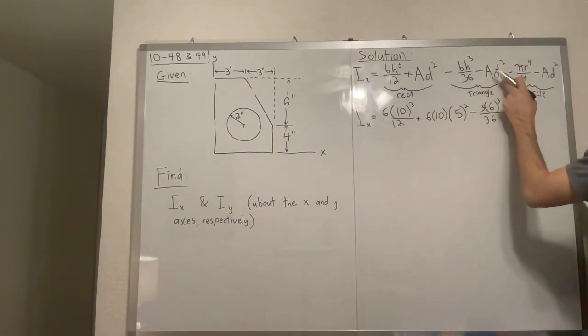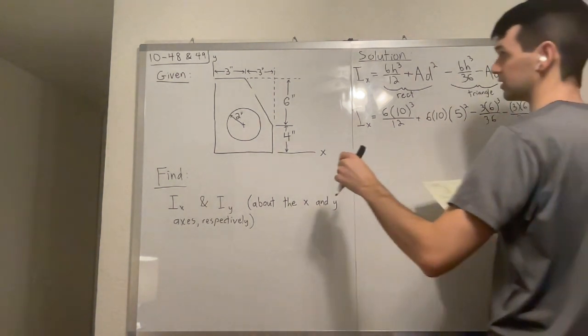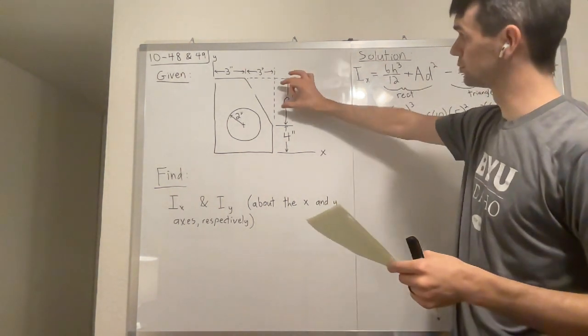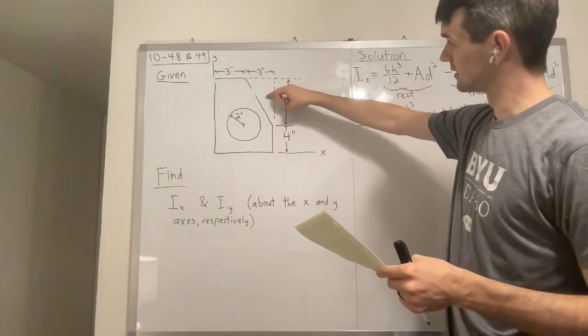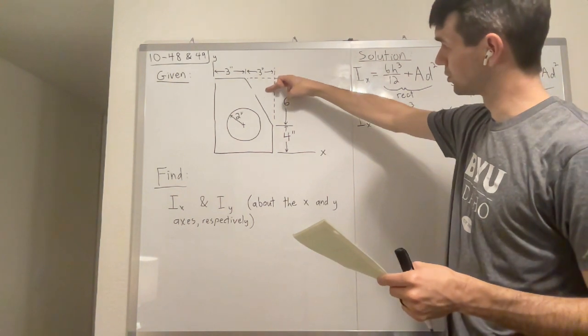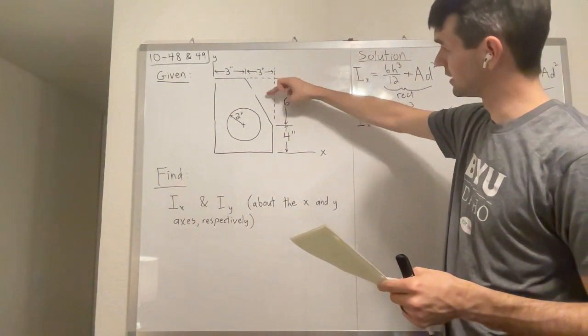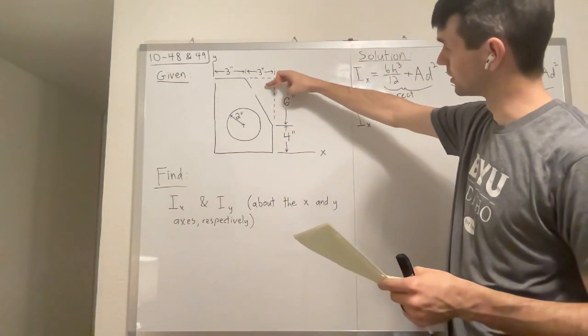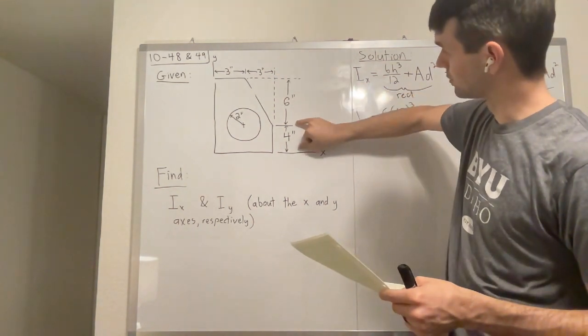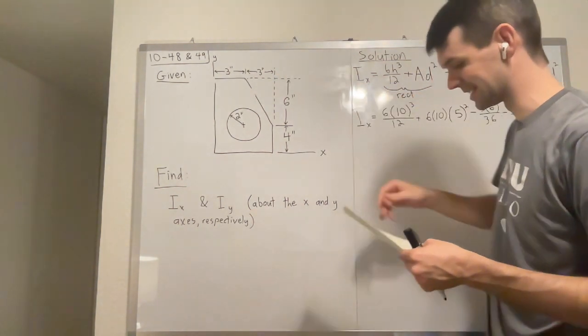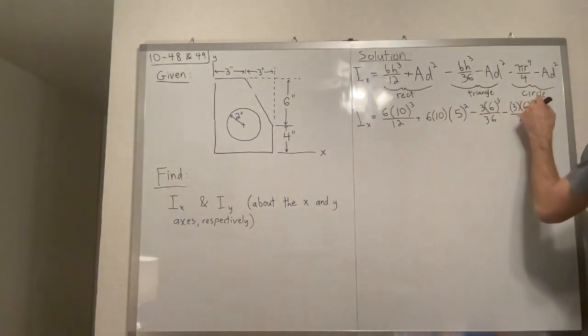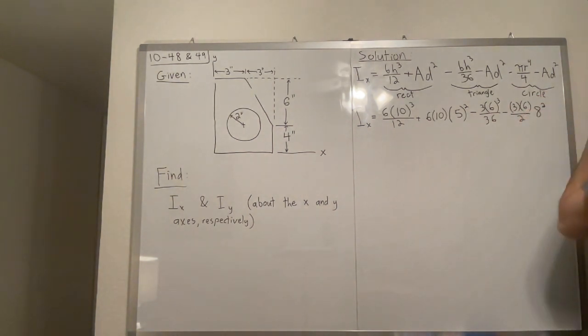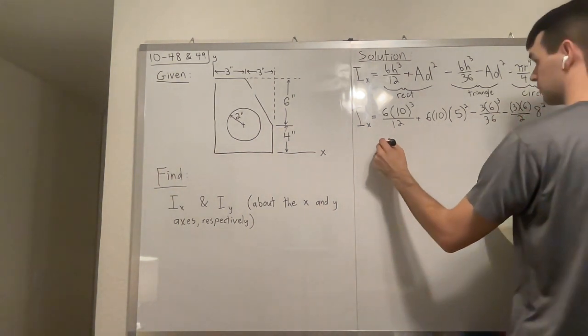and then its distance. Now let's think about this a little bit. For a triangle, its centroid is 2/3 from the small end, or 1/3 from the large end. So it's right here. So it's going to be 4 plus 4, so it's at a distance of 8. Okay, and then let's do the circle.